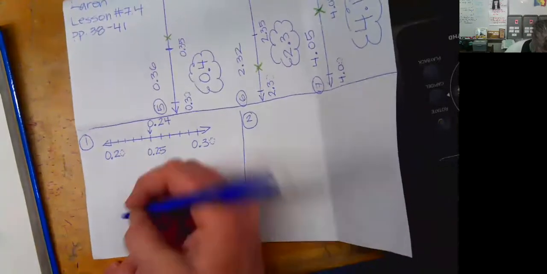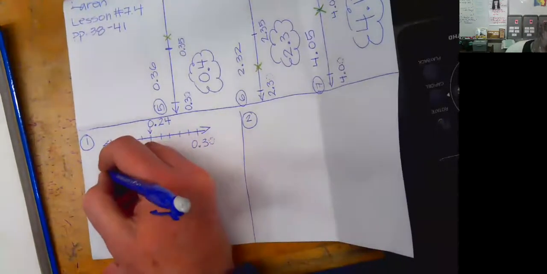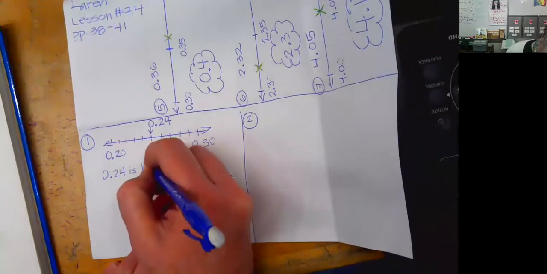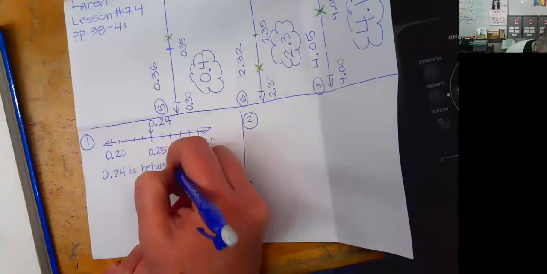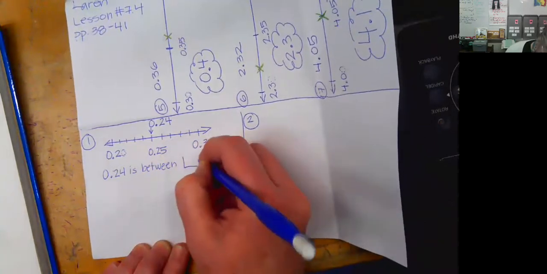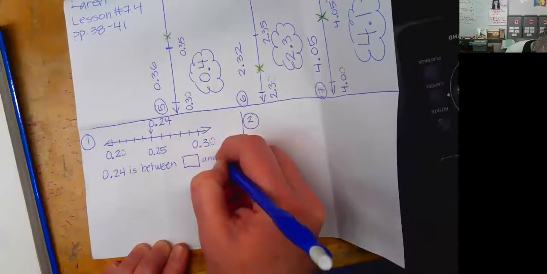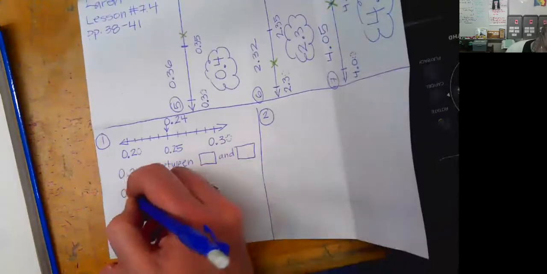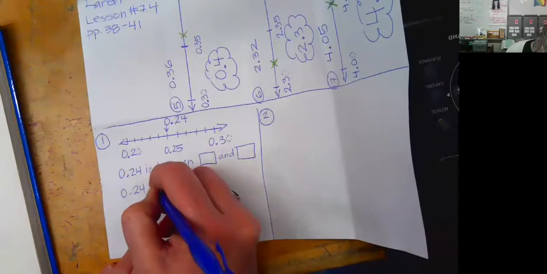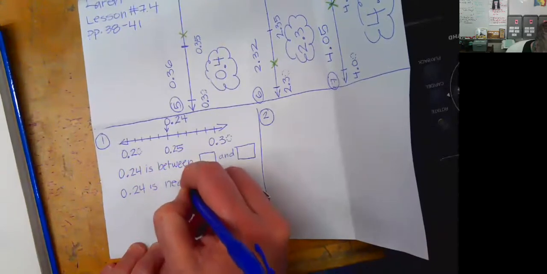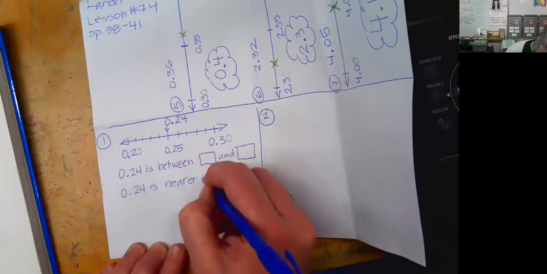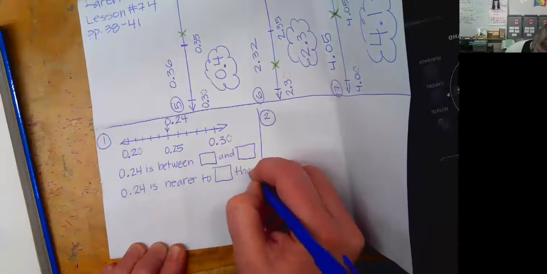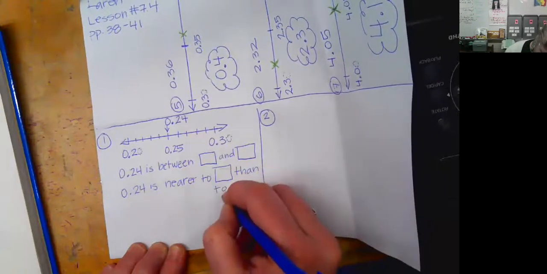So then it says, it has some sentences and it says 24 hundredths is between green box and green box. And then it says 24 hundredths is nearer to green box than to green box.